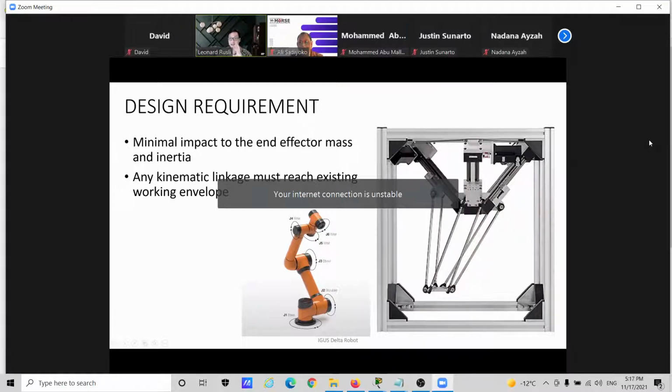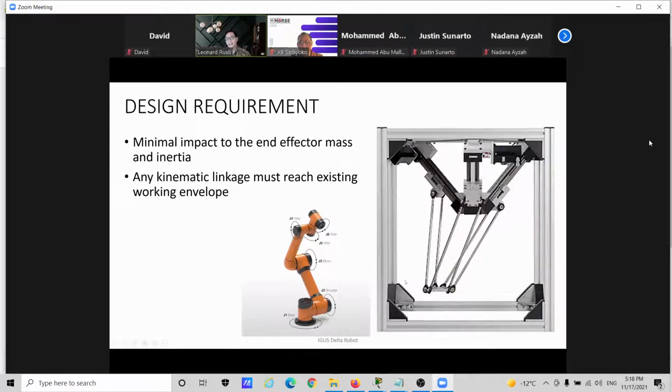However, adding a motor at the end effector will defeat the advantages of a Delta robot. So we will add a kinematic linkage such that the servo for the rotational axis can be kept away from the end effector, but also connected to the end effector via some kinematic linkage.